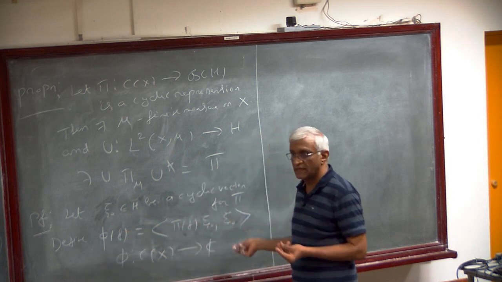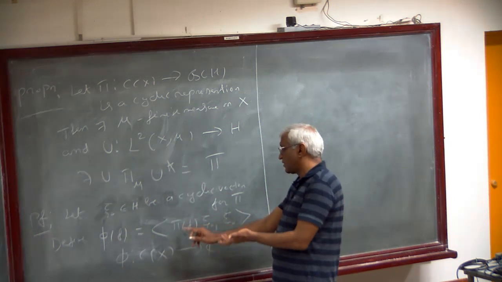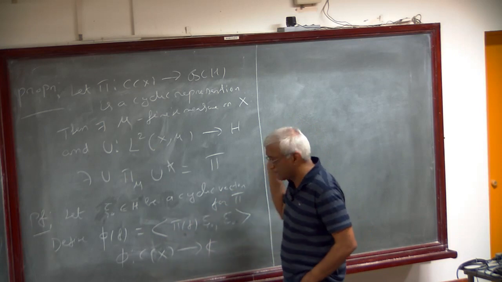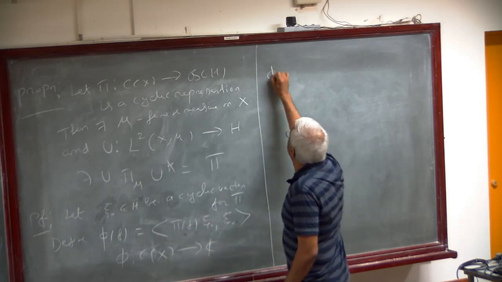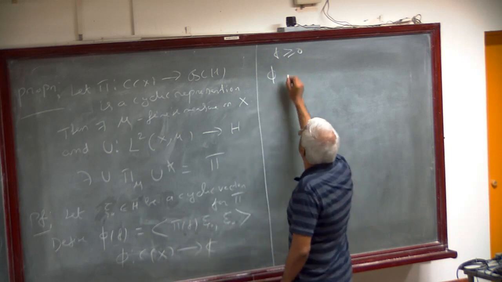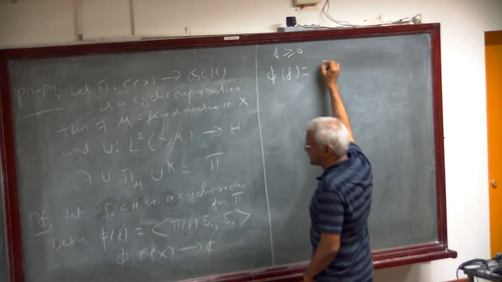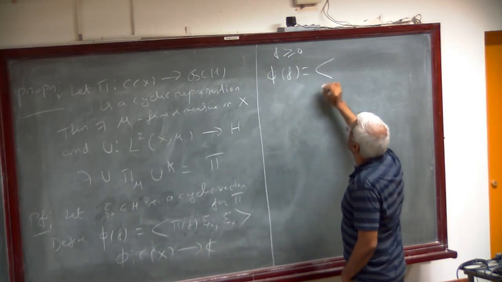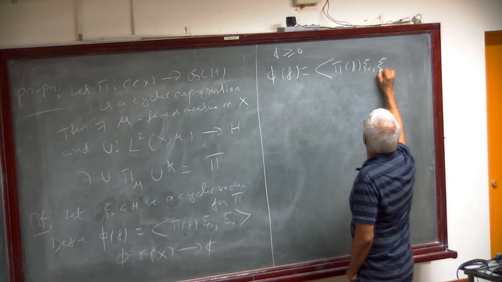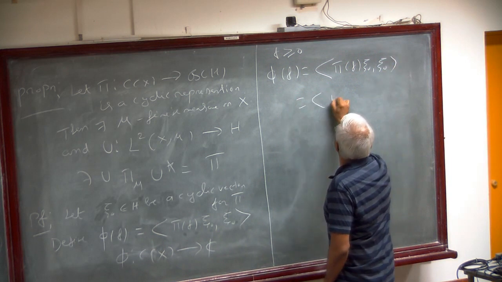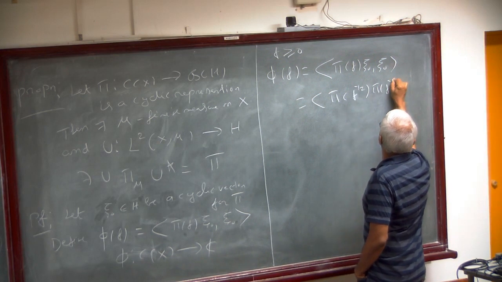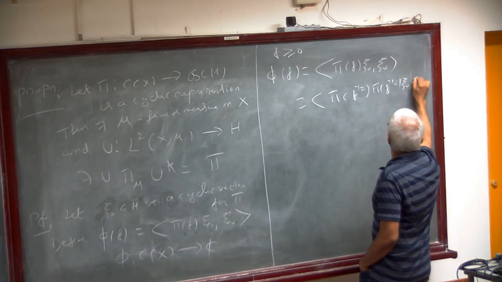And you can prove it's bounded from the boundedness of π, but that's not needed. A positive linear functional is enough. If f is greater than or equal to 0, then φ(f) equals ⟨π(f)ξ₀, ξ₀⟩, which is equal to ⟨π(f^{1/2})π(f^{1/2})ξ₀, ξ₀⟩.